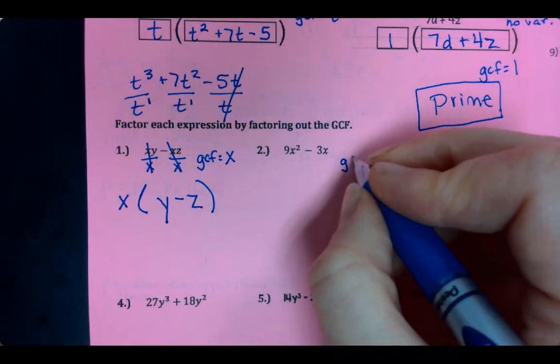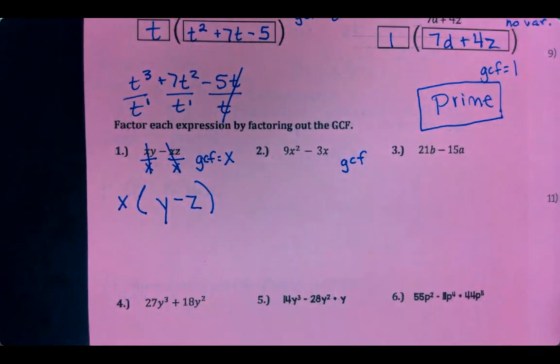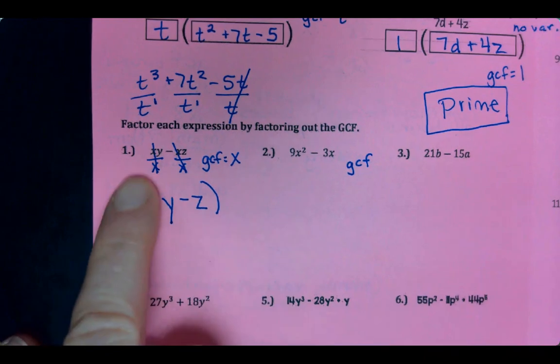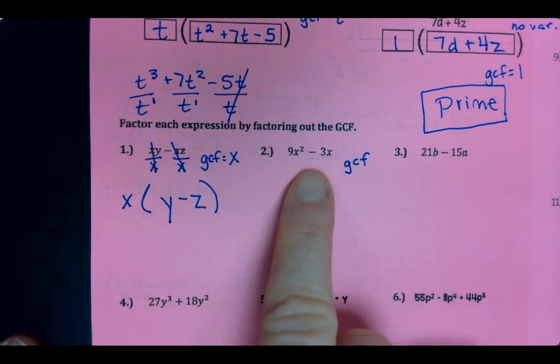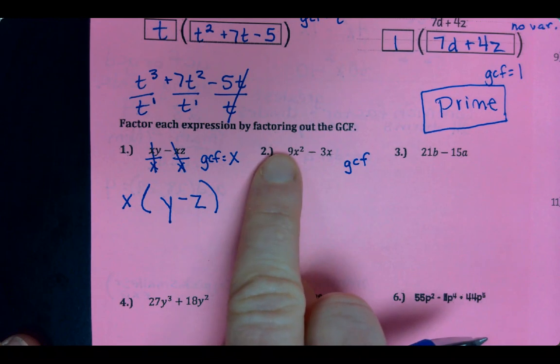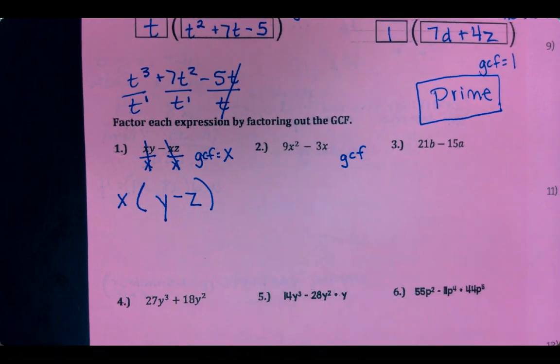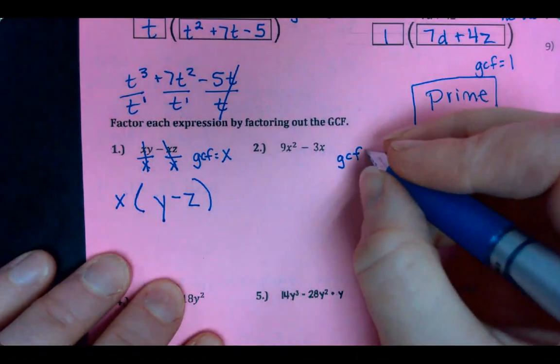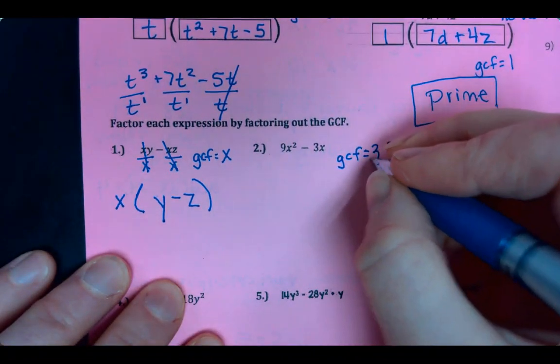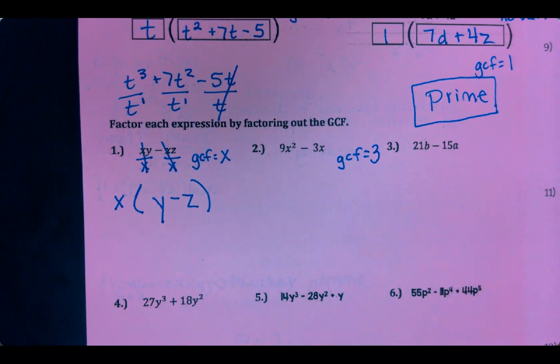Let's go to the next one, GCF. We're going to start with our numbers. This one didn't have any numbers, so we couldn't factor anything there. This one does, 9 and 3. You look at what they have in common, and it's just 3. 3 will divide both of them evenly.